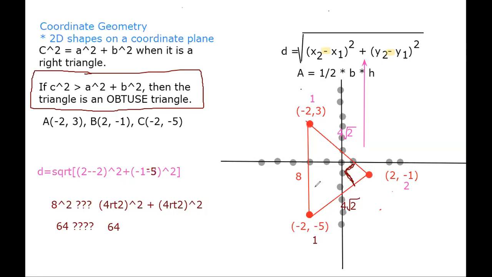So let's take these same things, this lovely distance formula and the slope, and let's classify some quadrilaterals.